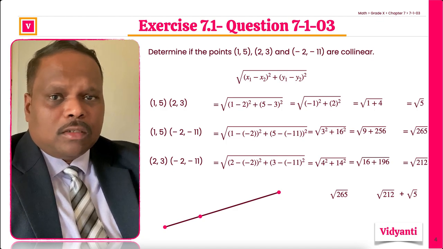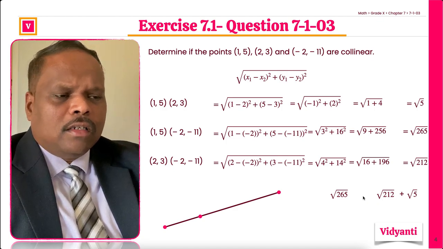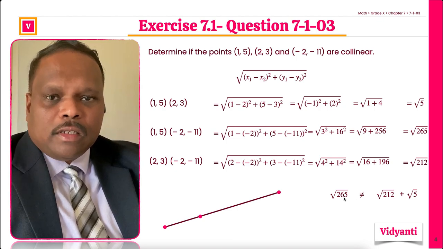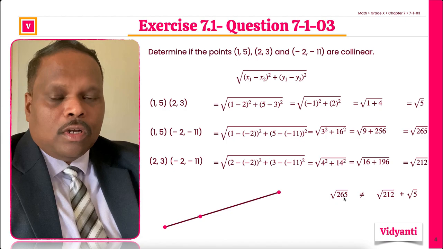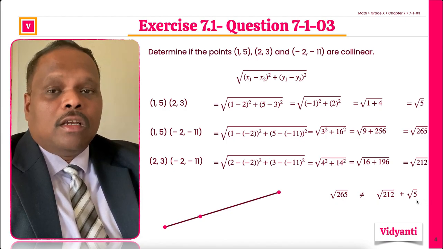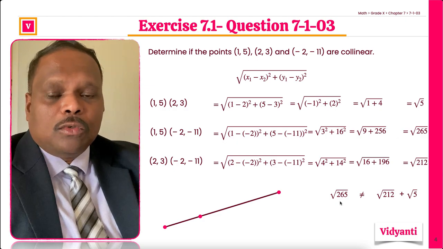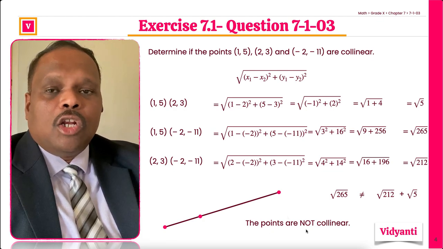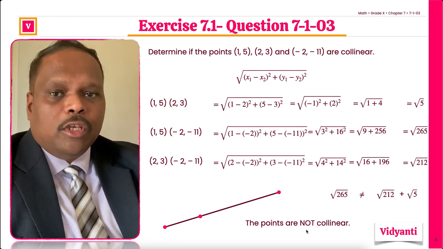Upon simplification, there is no guarantee that this will be equal to this one. Root 265 is way higher than root 212 plus root 5. So I'm going to say not equal to. Since the distances are not cumulative, that means the distances don't add up. The two smaller distances combined do not give our larger distance. That means we can come to the conclusion that the points are not collinear, and that would be your final answer.